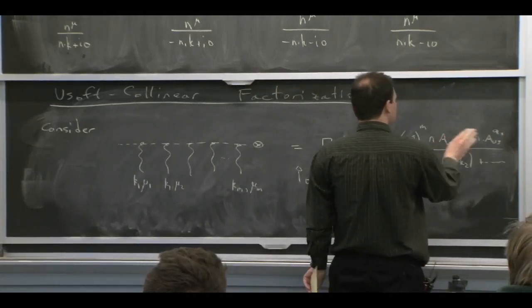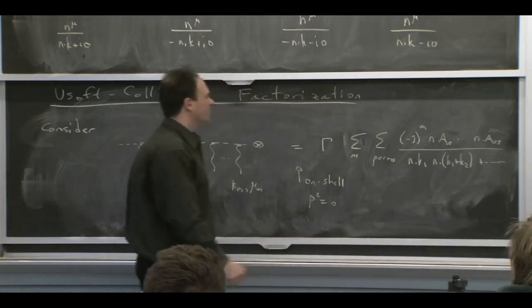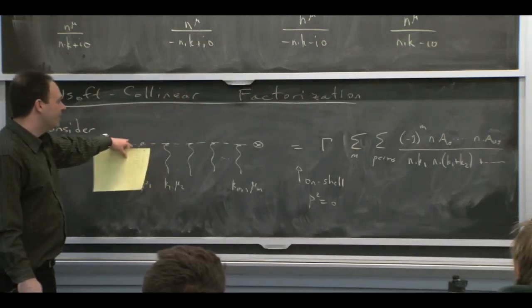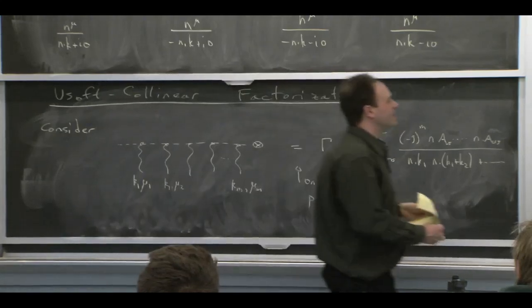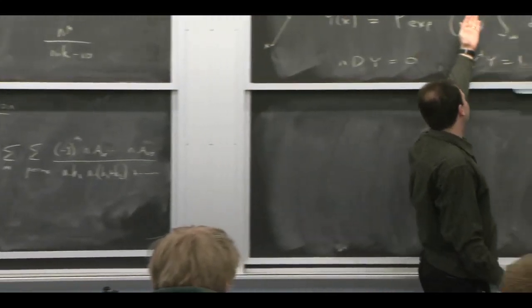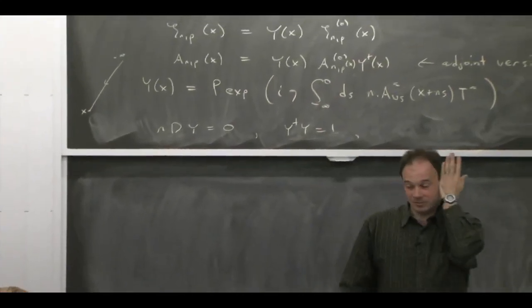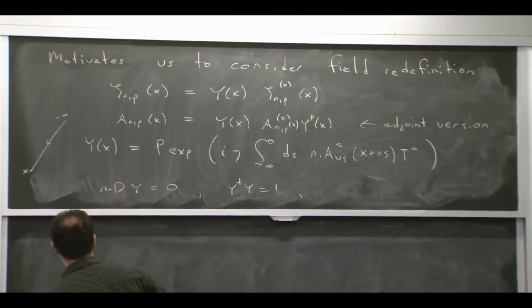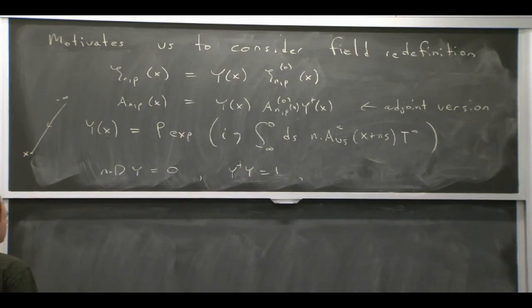Well, I didn't write the t's anyway. All right, so either the fundamental representation or the adjoint representation, and that would motivate you to make the same type of field redefinition to try to capture what's going on there. Okay. So let's see what that does to our Lagrangian.